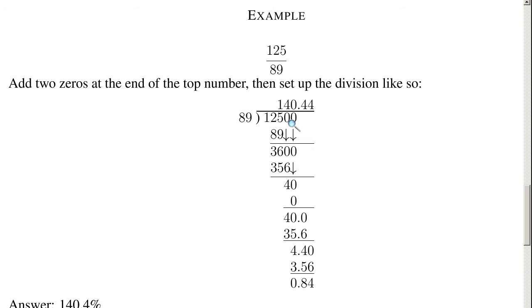And now since we have 2 zeros hanging around, we can bring them both down. So now we have 3,600. Okay. Now how many times does 89 go into 360?